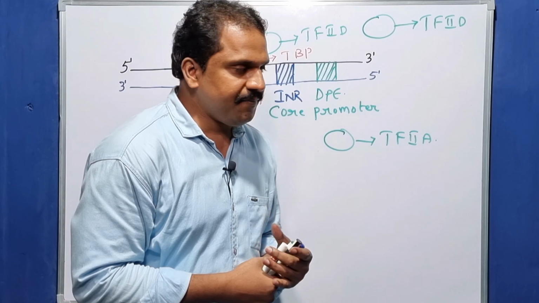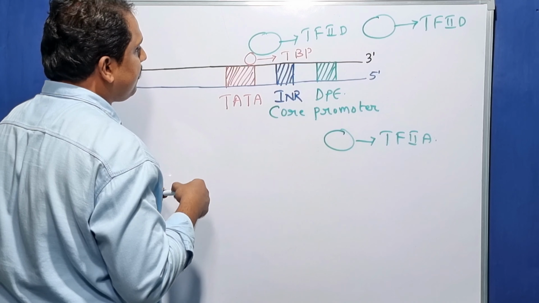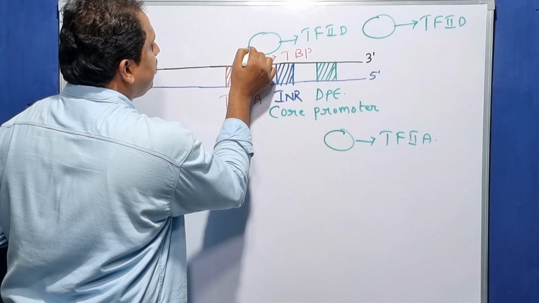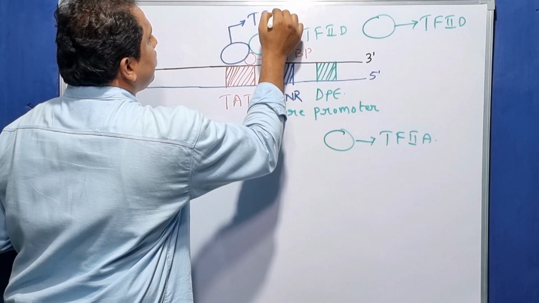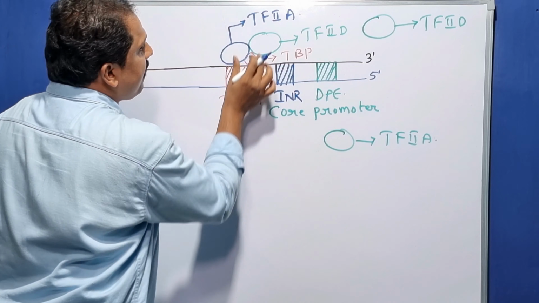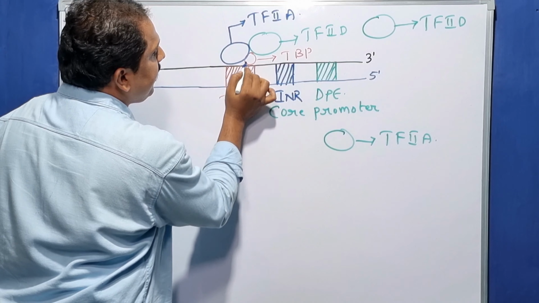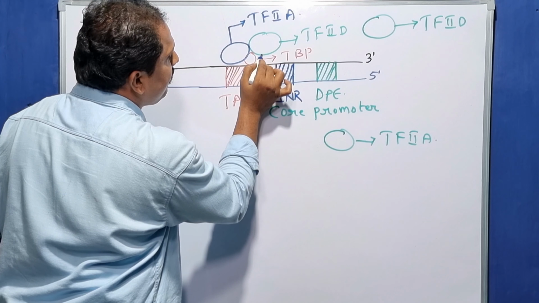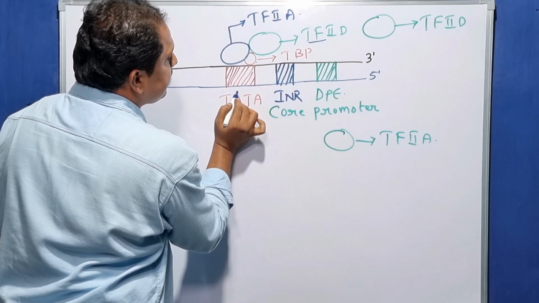Is it clear? So let me write it here. Let me use some other color here. What is it? TFIIA. After the successful recruitment of TFIIA, it induces stability between the TATA binding protein of the TFIID and the TATA element.